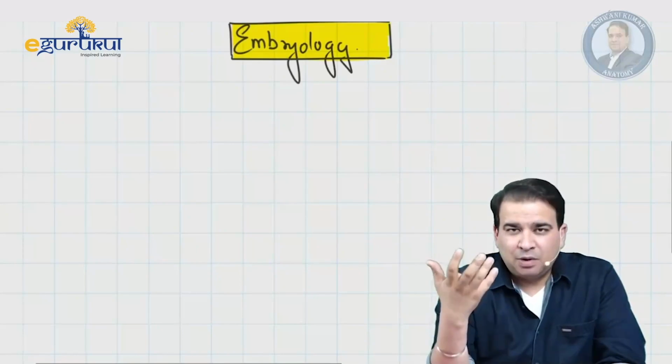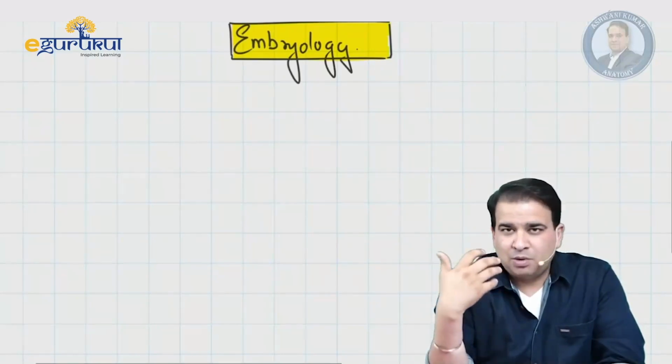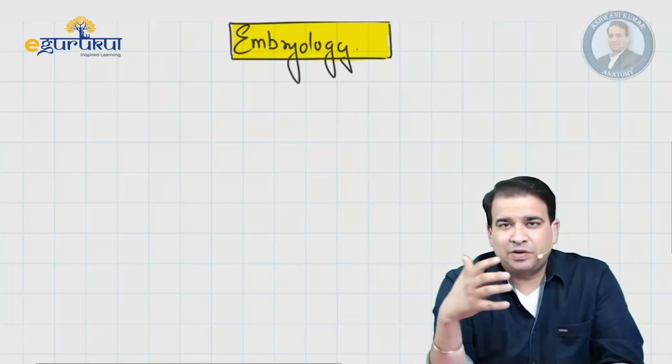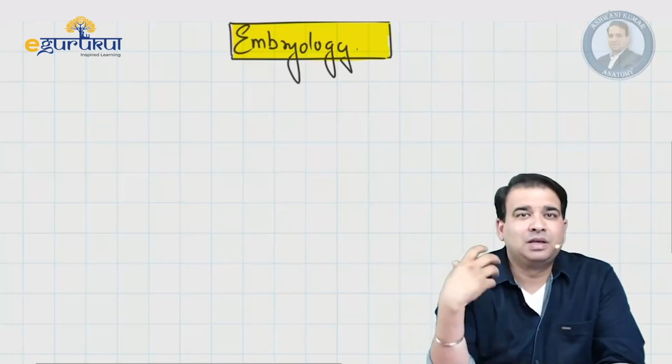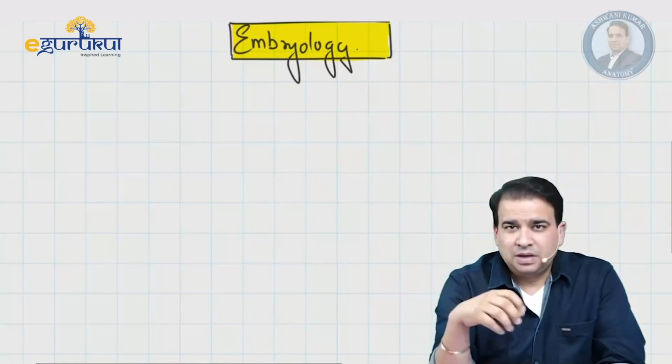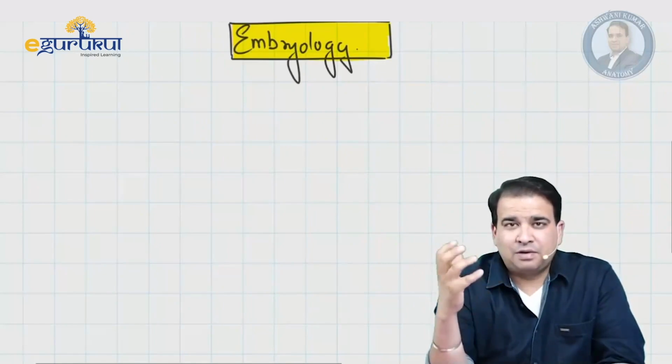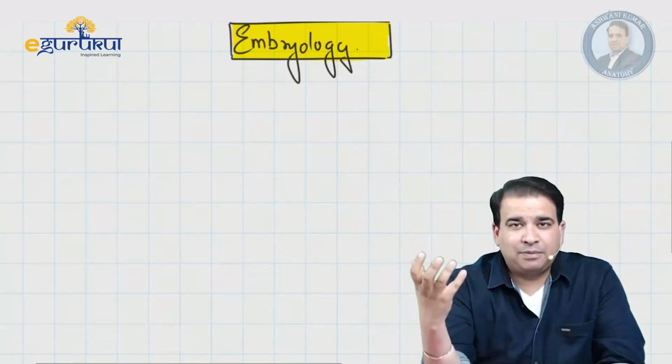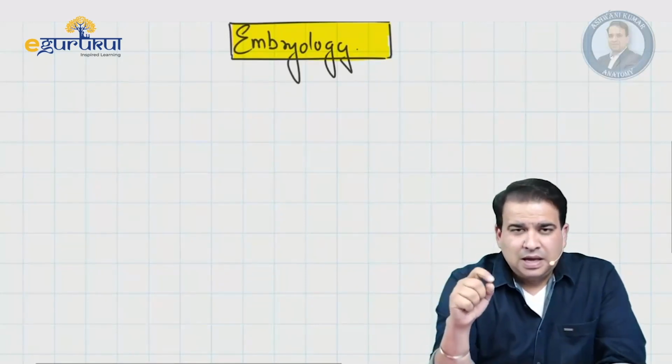Let us understand about the gametogenesis. Then we will talk about the first week, second week, third week of embryogenesis. We will talk about the formation of craniocaudal and lateral folds of the embryo, and the different types of cavities which are formed.